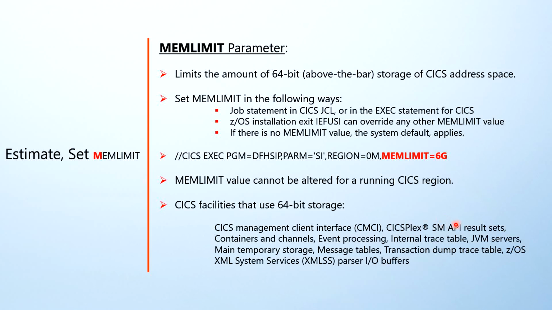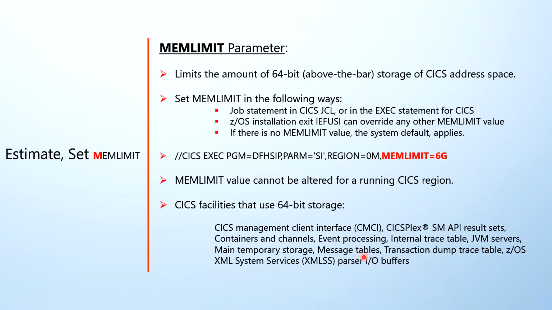The result sets of that API are stored above the bar with the latest versions of CICS, and the channels and containers are the ones which are exploiting 64-bit, event processing, CICS internal trace table, the JVM servers which are used for Java activity, and the main memory TSQs. They also get created above the bar these days.